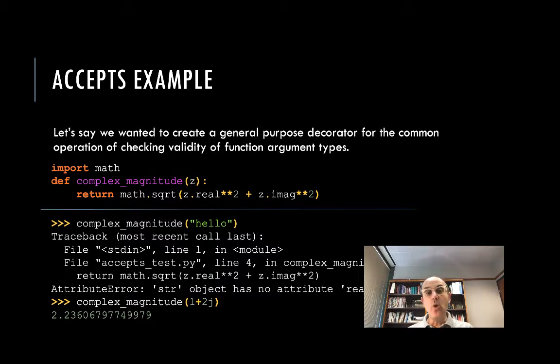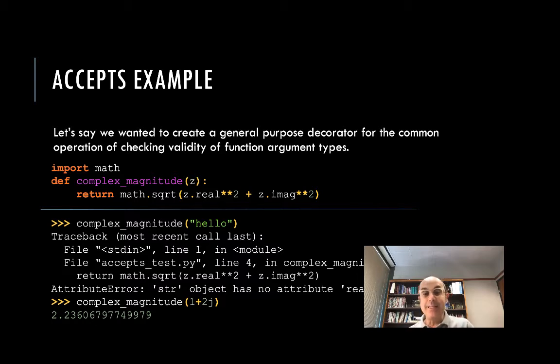I gave you, let's say you want to create a purpose decorator for the common operation of checking validity of function argument types. And this is really important because, for example, import math, I'm going to ask Python to run mathematical math for me. I'm going to say complex, I will give it a name, and I will say that I want Python to do math dot square root of z dot real multiplied by 2 plus z dot imag multiplied by 2.